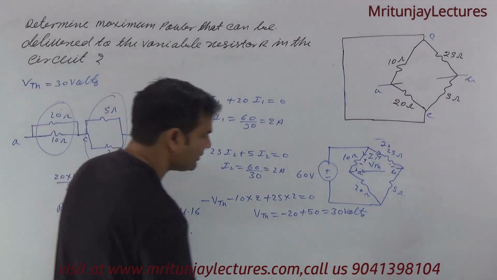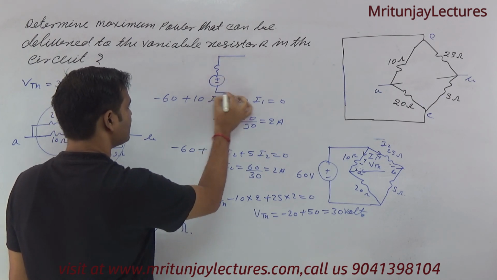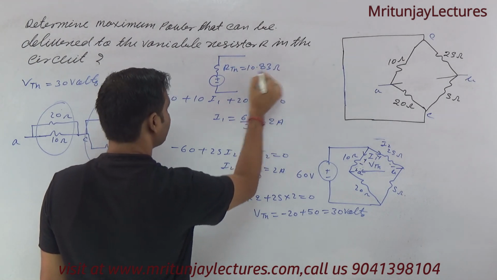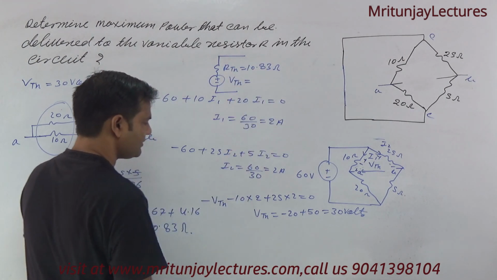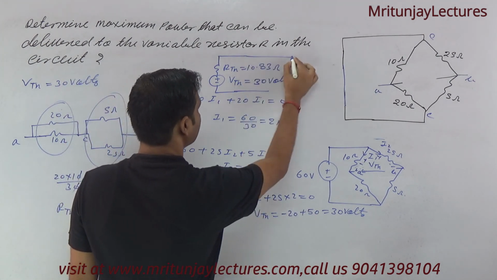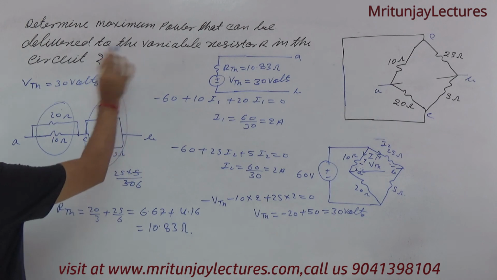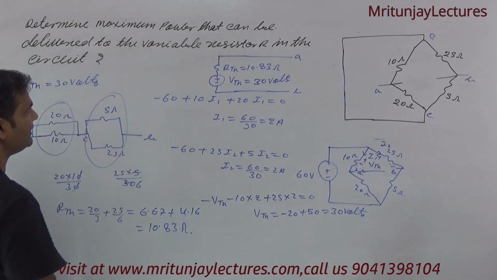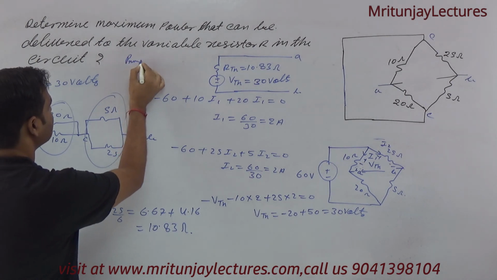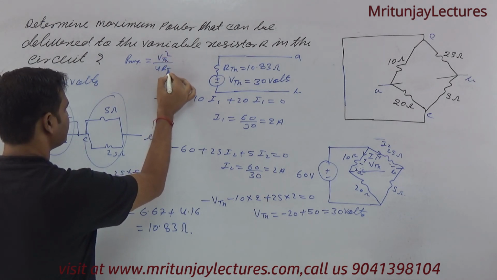So finally this circuit is converted to a source, plus minus, with RTH of 10.83 ohm and VTH of 30 volt. Very simple. That is A and that is B. Now determine the maximum power that can be delivered to the variable resistance. Maximum power P max equals VTH square divided by 4 RTH.